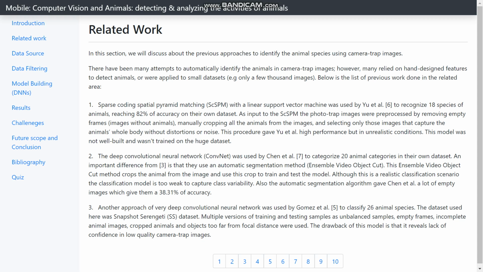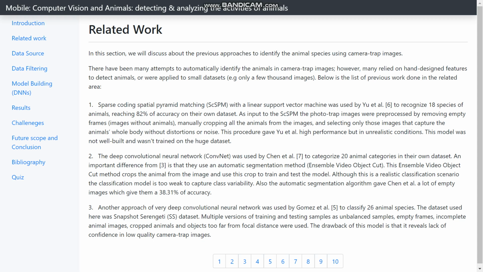The first related work was released by Yu, and it is based on sparse coding spatial pyramid matching. It uses a linear support vector machine.